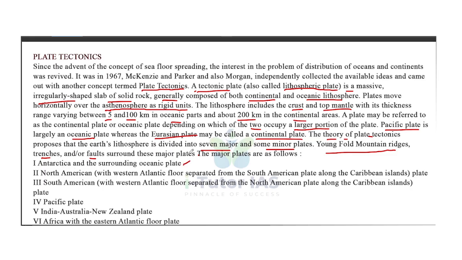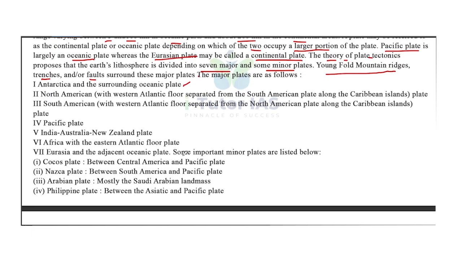Second, the North American plate, including the Western Atlantic floor, separated from the South American plate along the Caribbean island. Third, the South American plate, the Western Atlantic floor separated from the North American plate along the Caribbean island.